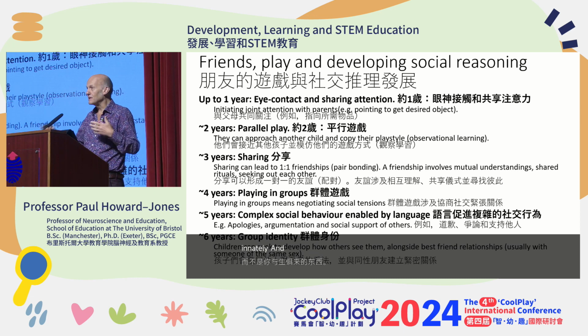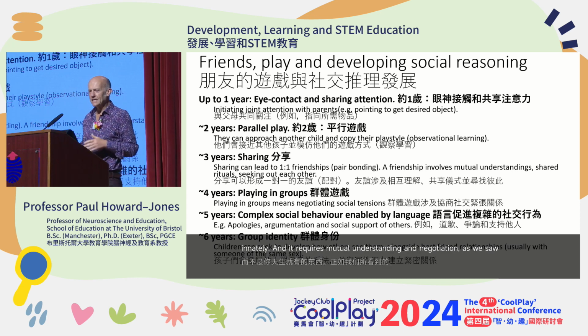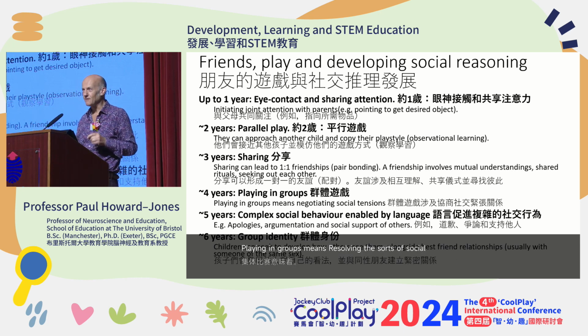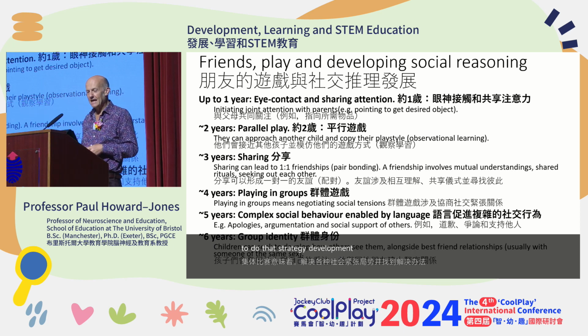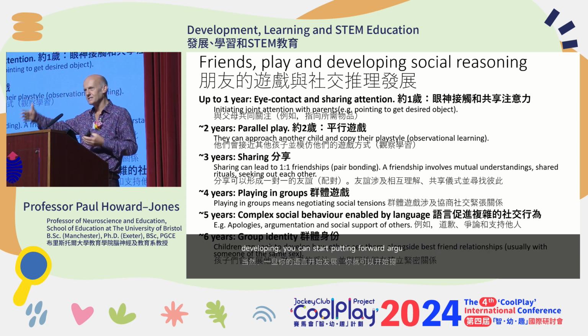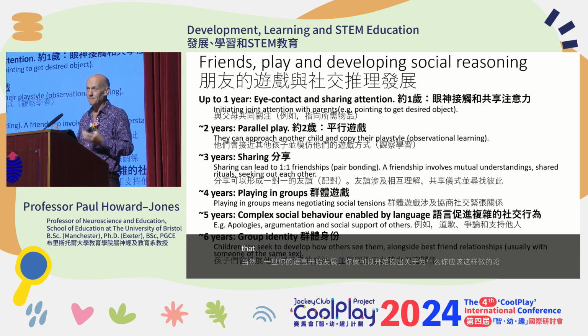And it requires mutual understanding and negotiation, as we saw. Playing in groups means resolving social tensions and finding a way to do that, strategy development. And of course, once your language starts developing, you can start putting forward arguments as to why you should do this instead of that. And by 6, there is a sense of group identity.